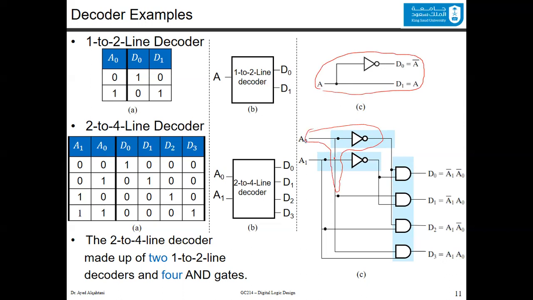Similarly, you can see it for A1 here with this line. Of course, there is certain branching. So you have 2 1 to 2 decoders in the design of the 2 to 4 line decoder. And in addition, since you have 4 different outputs, you will have 4 ANDs preceding the data lines.